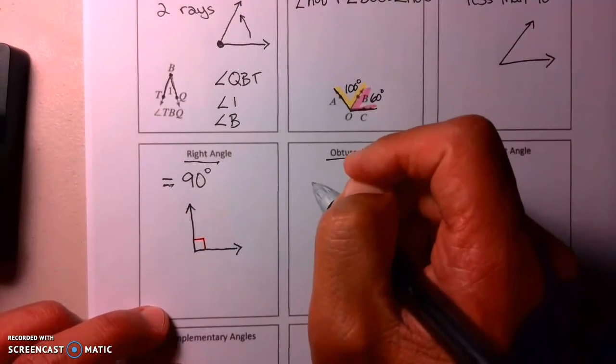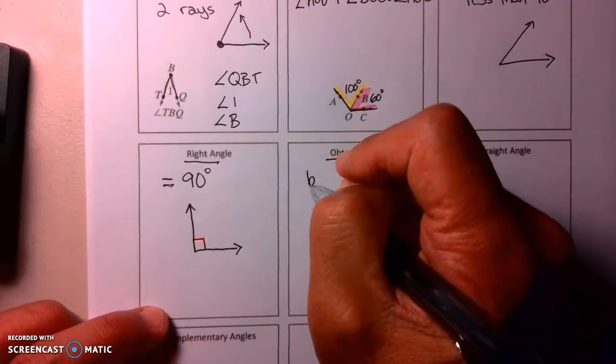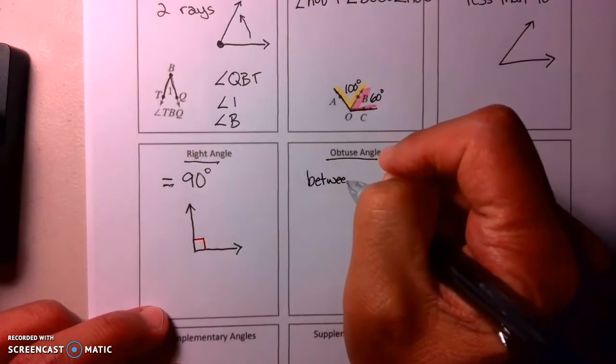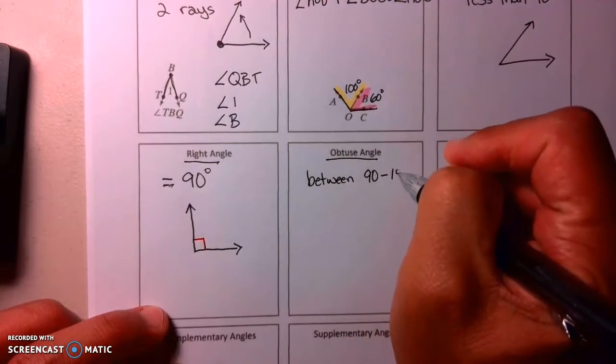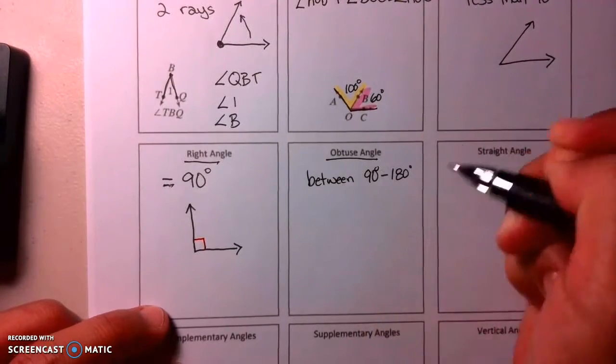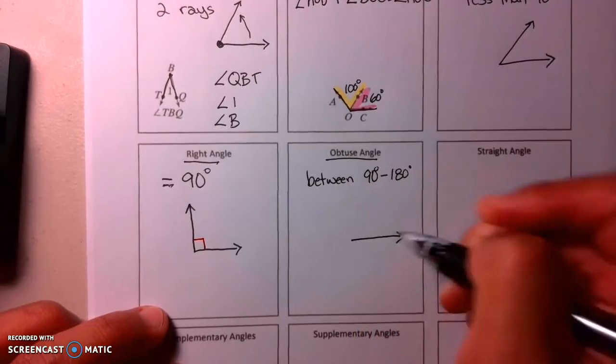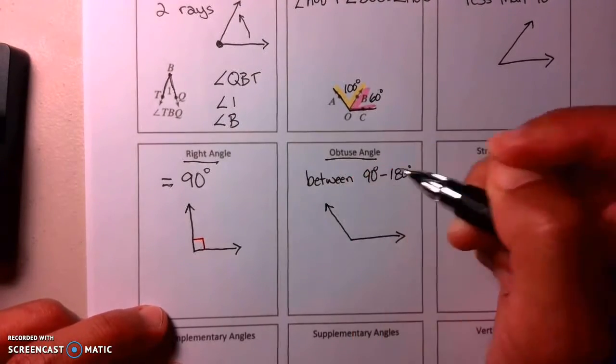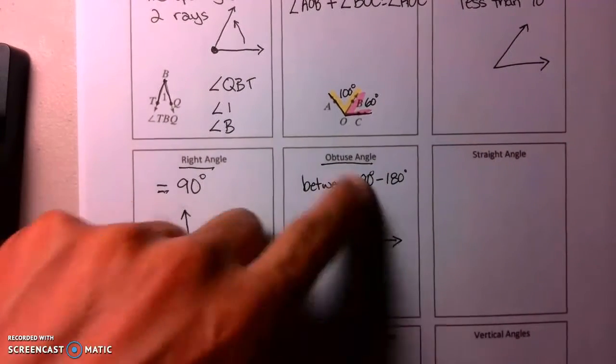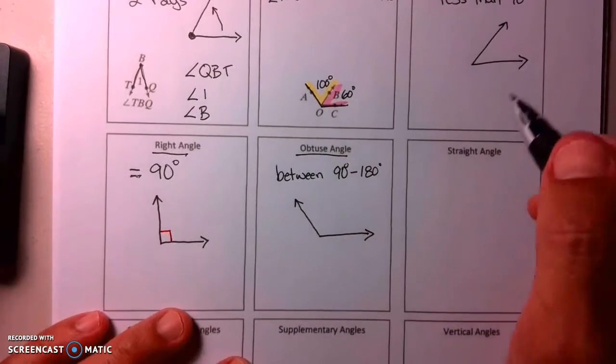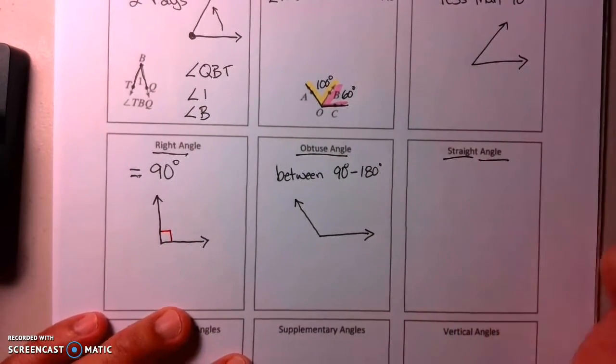And an obtuse angle is between 90 and 180. It's obviously bigger than 90 degrees, so I'm just going to draw an obtuse angle here. This opening here to here is bigger than 90 degrees. And this is an unusual word, a straight angle.